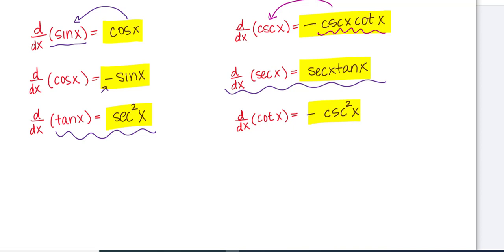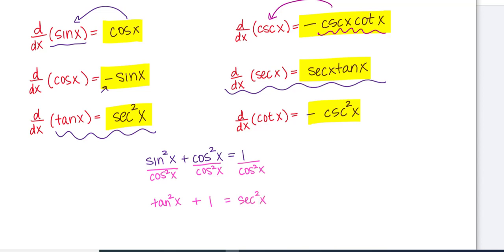Okay, well also, if we know our Pythagorean identity that we start with, the basic one, sine squared x plus cosine squared x equals 1, and if I take that identity and divide every single term by cosine squared, I'm going to get an equivalent identity here, but using different trig functions. So sine squared over cosine squared gives me the tangent squared x, plus cosine squared over itself is 1, and the reciprocal of cosine squared x is secant squared x. So again, here's tangent and secant being related to one another.